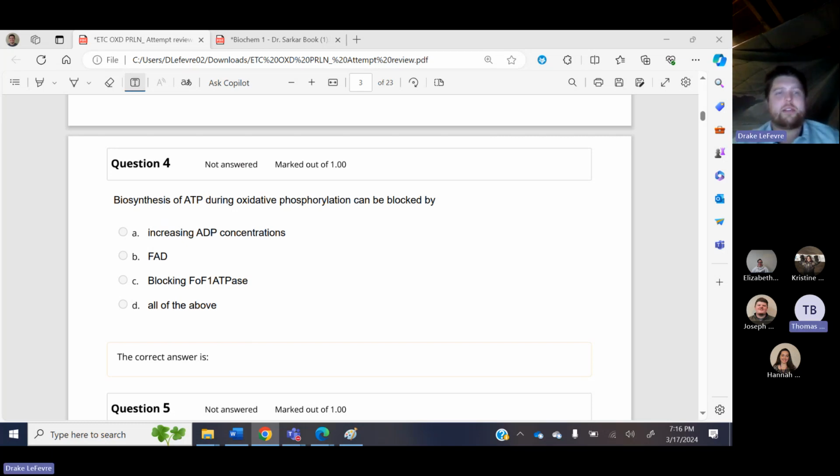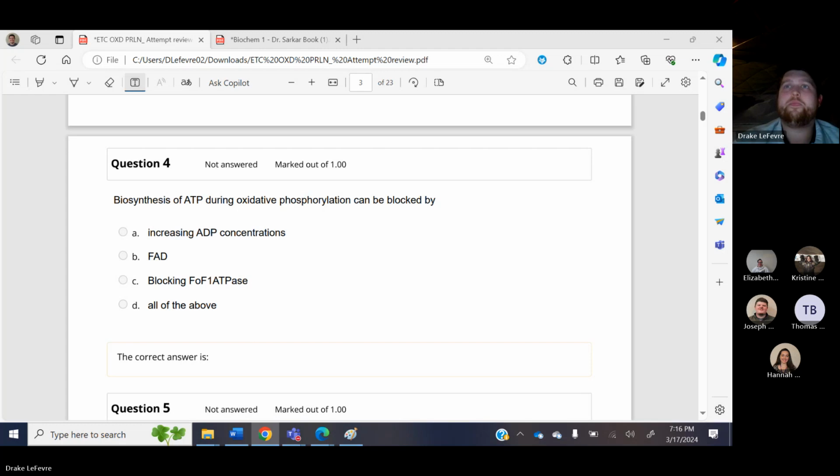Talk about it. Why does it throw you off? Or what does everybody else think? I would say at least C for sure. So C, we have a vote saying one person wants all the above, another person says blocking of the big long protein name.